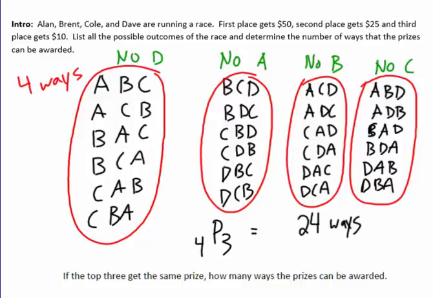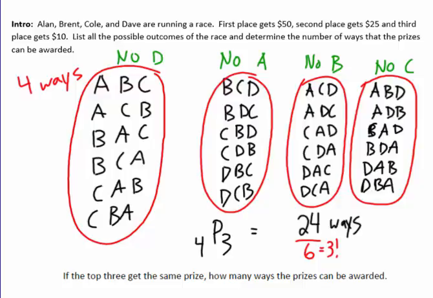Well, what have we done to our original permutation? We have taken it and we have divided it by 6. Now that might seem like a strange number. Where does that come from? But remember, 6 is the same as 3 factorial.